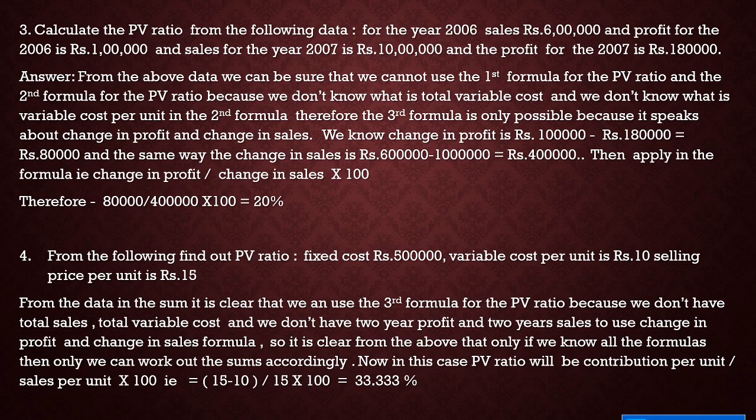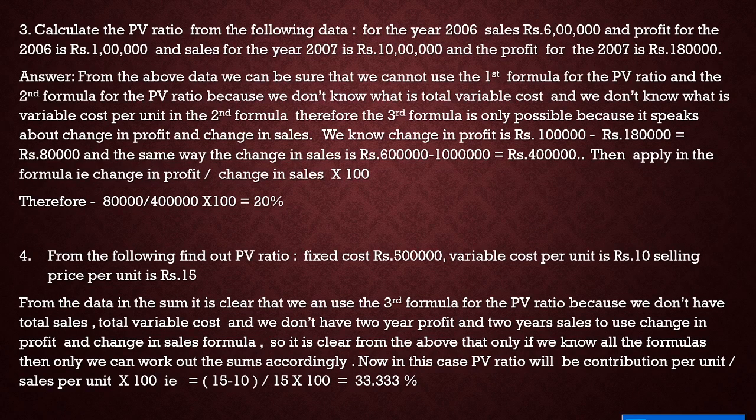So once you are given the 2-year sales and 2-year profit, it is very clear that we can use only the third formula for PV ratio, which says the change in profit divided by change in sales into 100. Okay, so now I'll find what is the change in profit.